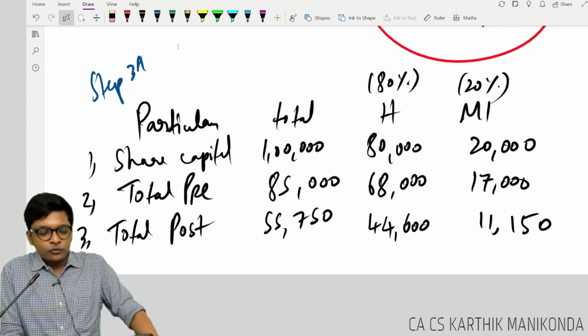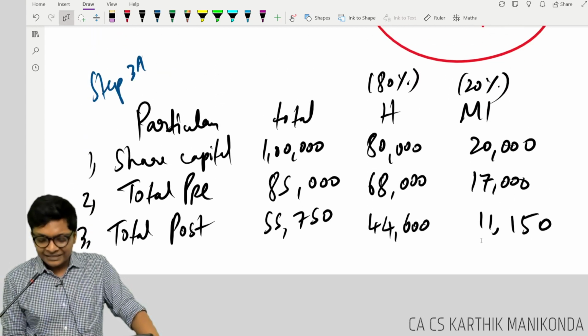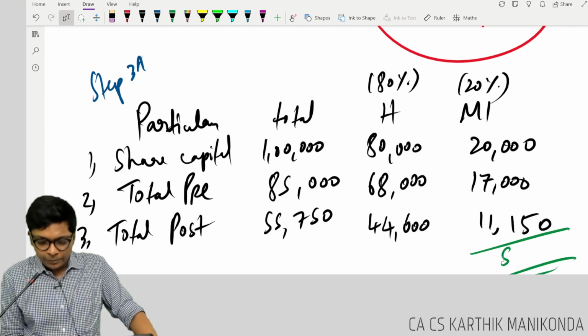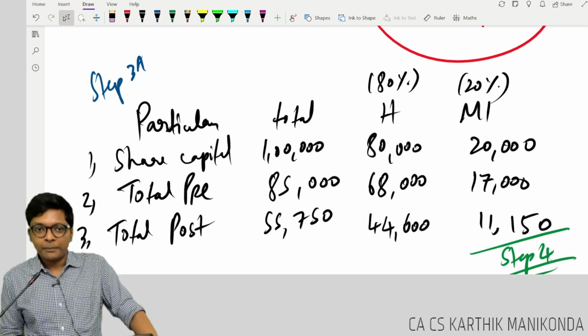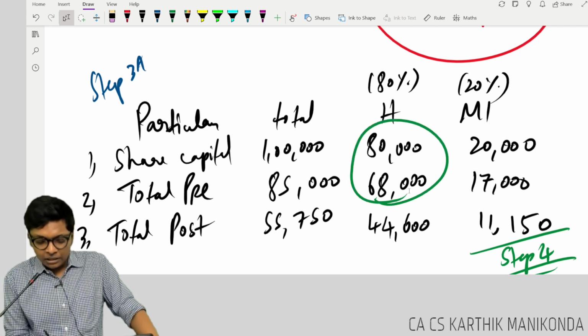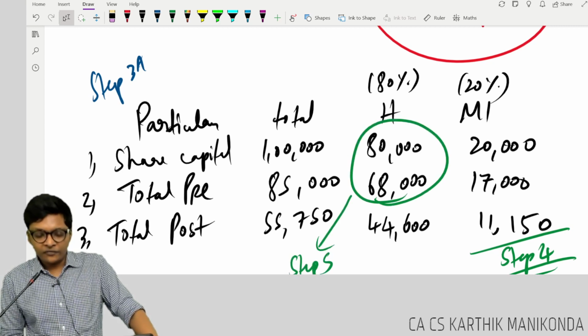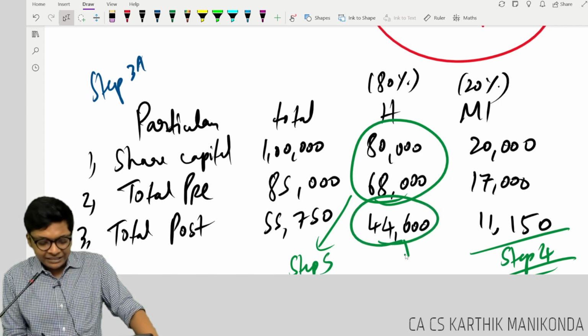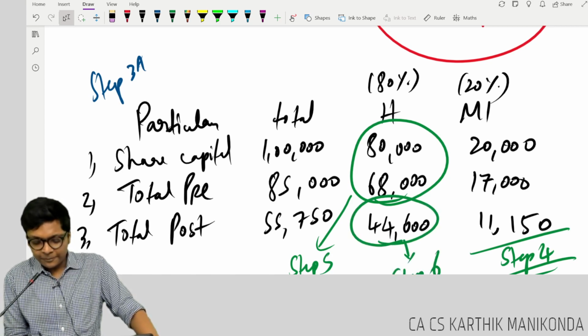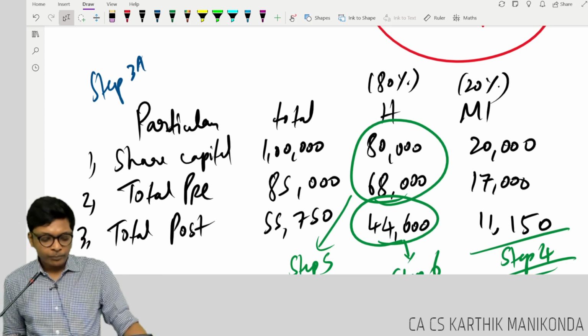Now this table, visualize guys. You don't actually have to draw it in the exam. Visualize. This total is what guys? Step 4 minority. This total will be step 5 cost of control. This 44,600 will be step 6 post acquisition.